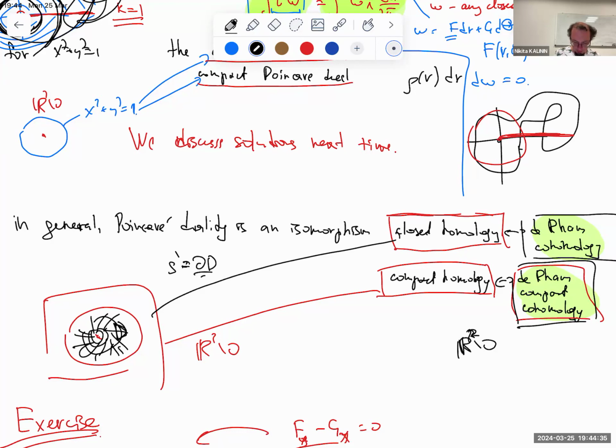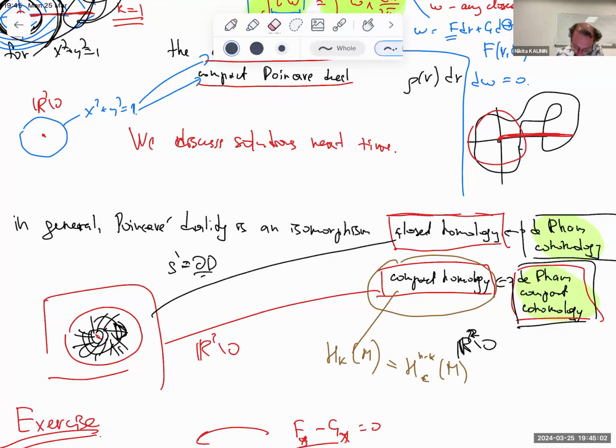Right? And usually people study only compact homology. So in any course in homology, you have this. And that's usually defined as Hk of M, right? And then this Hk of M is dual to Hn minus k of M. And that's the de Rham cohomology.